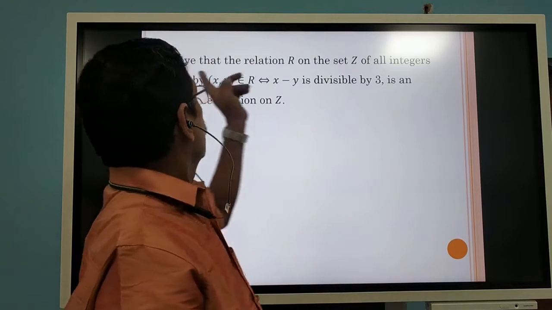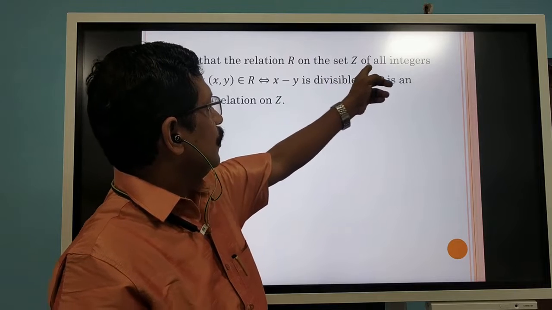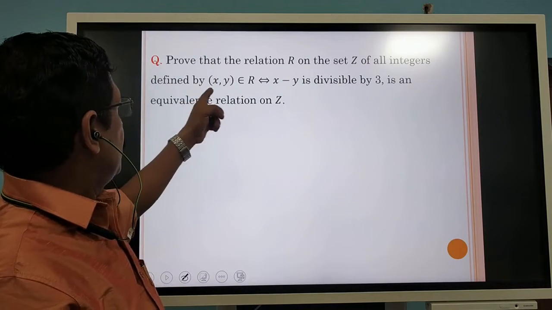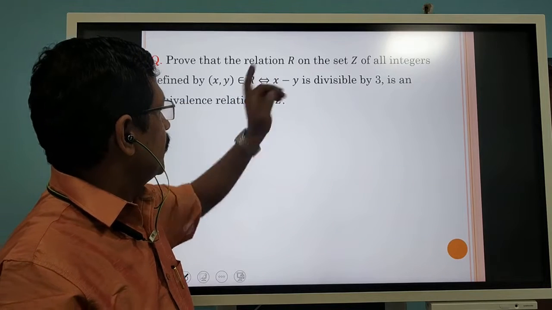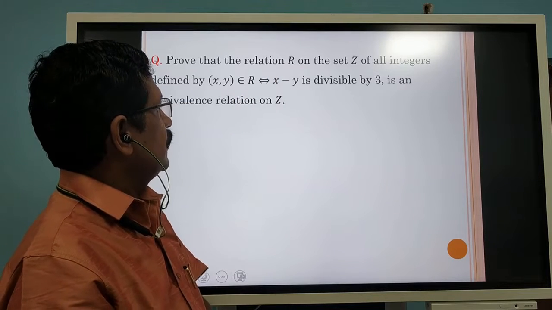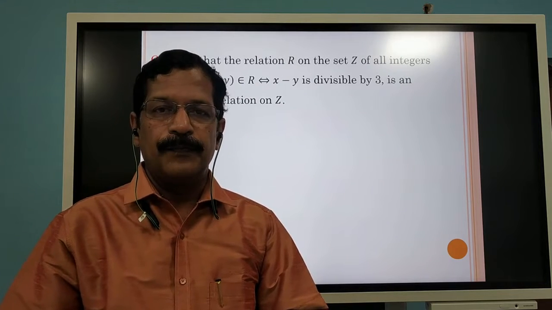The question is, prove that the relation R on the set of all integers defined by ordered pair (x, y) element of R if and only if x minus y is divisible by 3 is an equivalence relation.